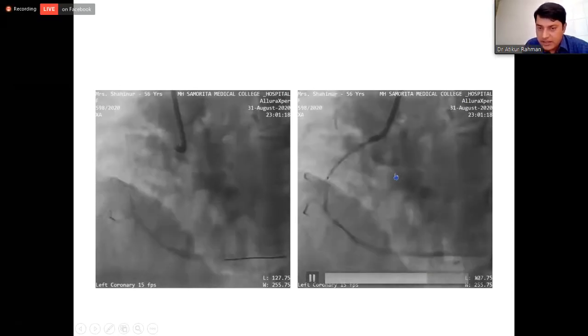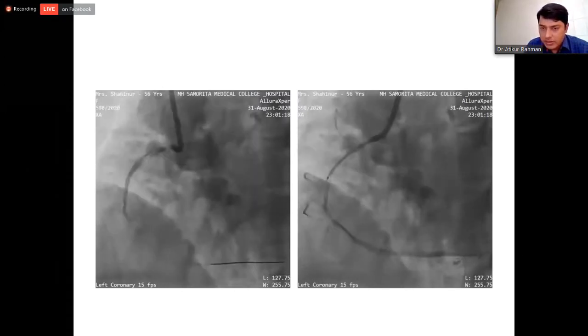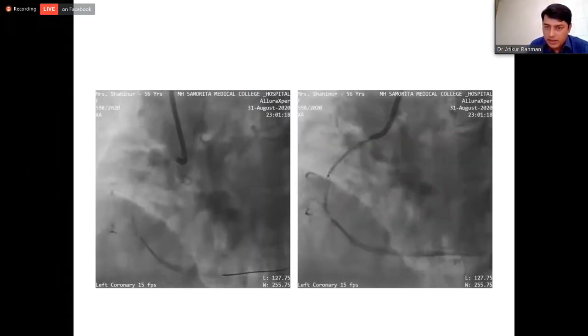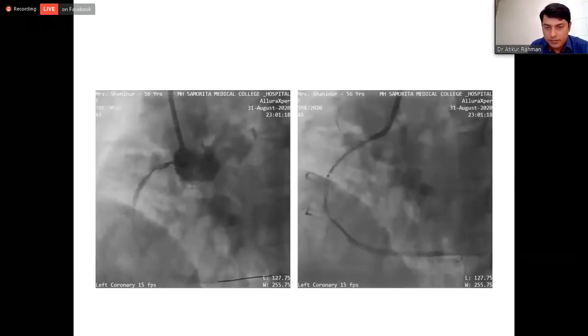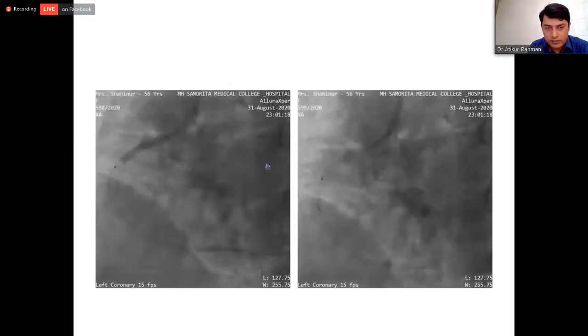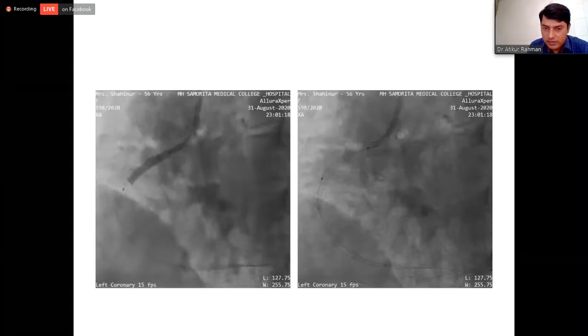Thereafter, we took the second stent, a Resolute Integrity again, 3.0 into 22 millimeter, covering the ostium. The stent is being deployed.